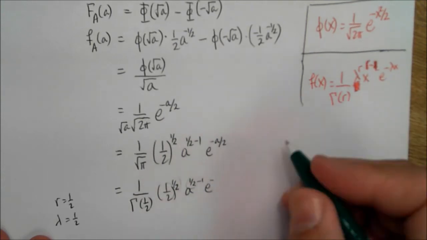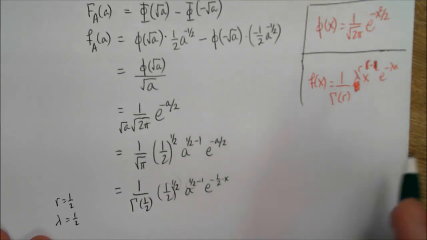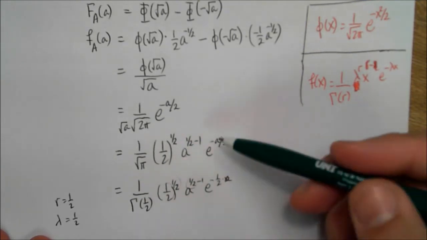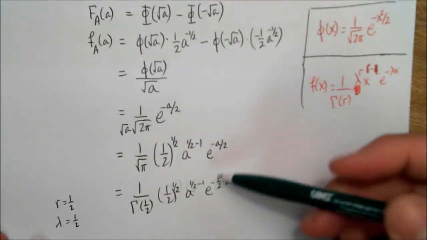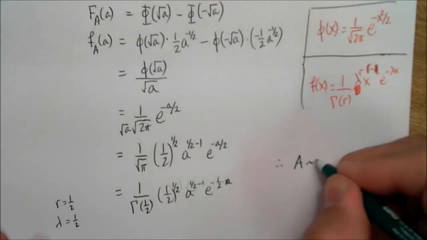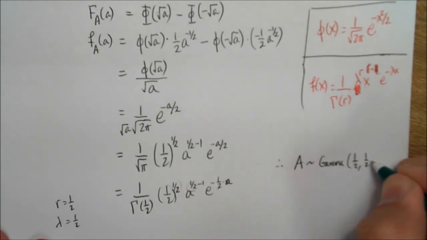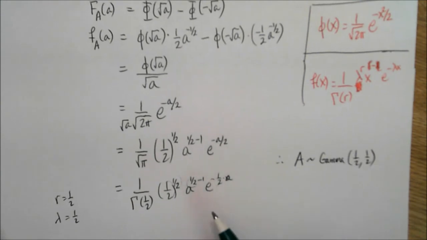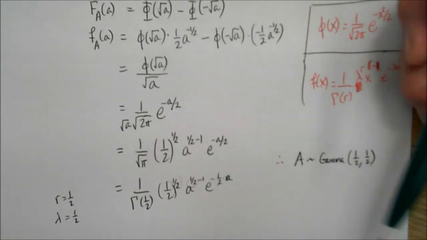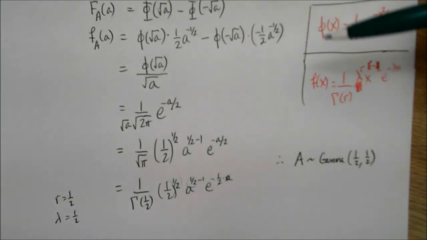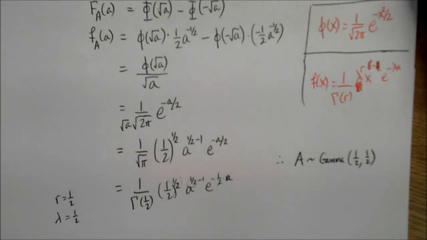Then I have e to the minus 1/2 times a. So everything matches up. My PDF matches the gamma distribution with parameters 1/2 and 1/2. The only difference is that the variable here is a as opposed to x. So that establishes that the random variable x squared has a gamma distribution with parameters 1/2 and 1/2.